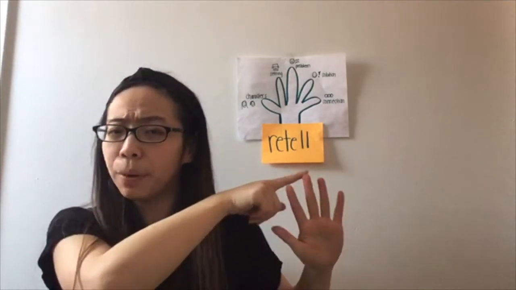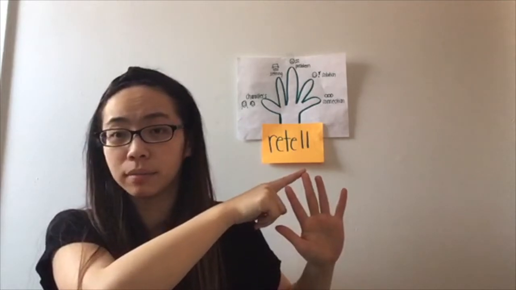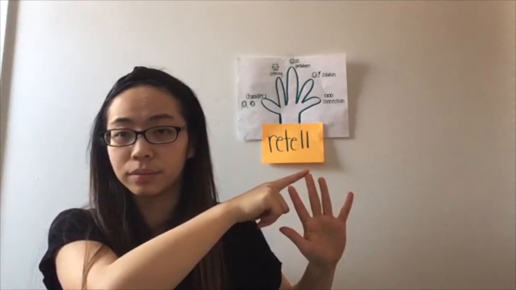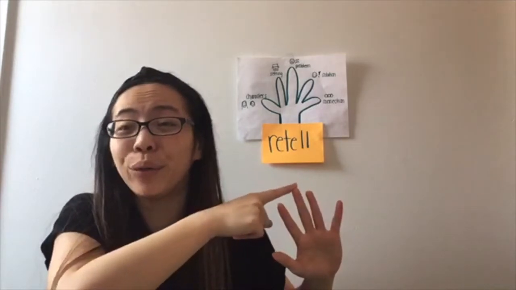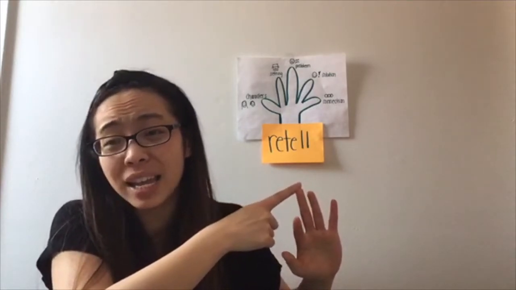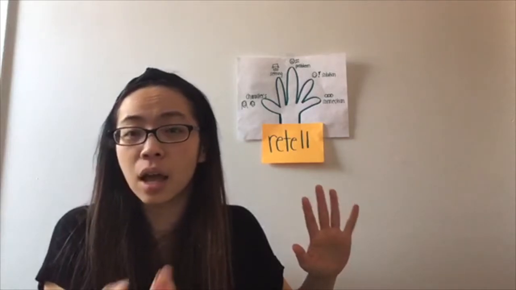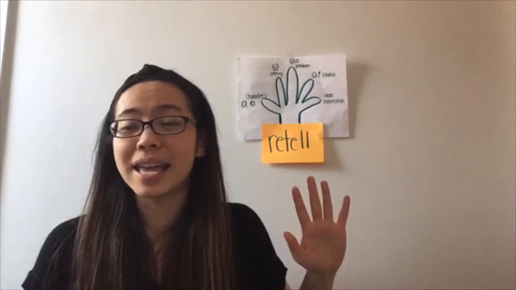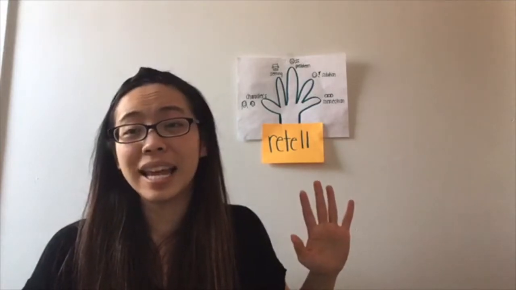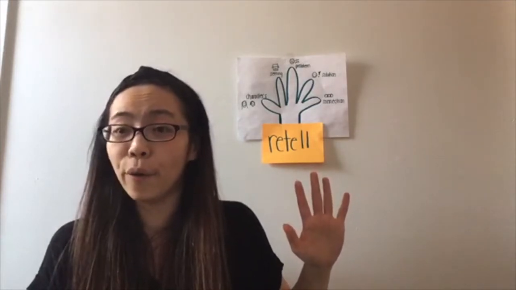Now, what is the problem in the story? The problem in the story is that Matt is in his new home and he doesn't have any friends, right? And he was sad because of that. So I can say the problem in the story is Matt is sad because he has no friends in his new home.